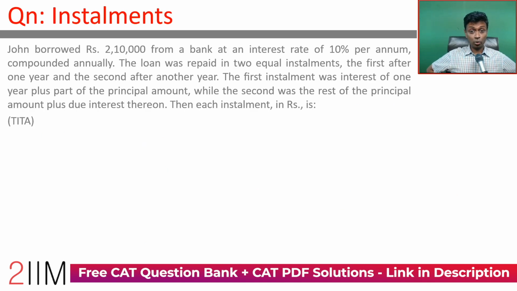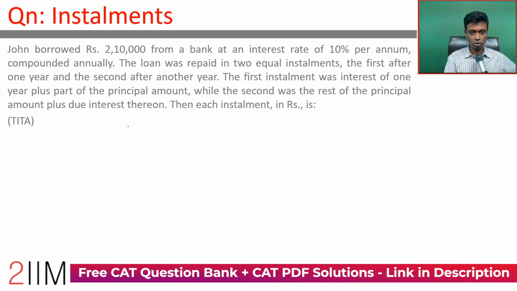John borrowed 2,10,000 from a bank at an interest rate of 10% per annum, compounded annually. The loan was repaid in 2 installments, the first after 1 year, the second after another year. The first installment was interest of 1 year plus part of the principal amount, while the second was the rest of the principal amount plus interest thereon.